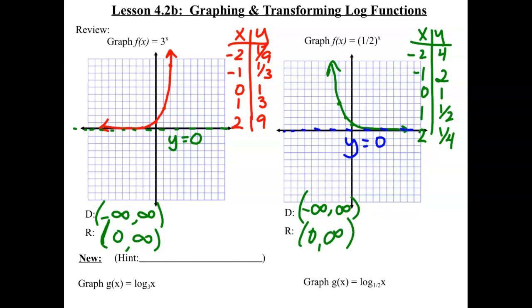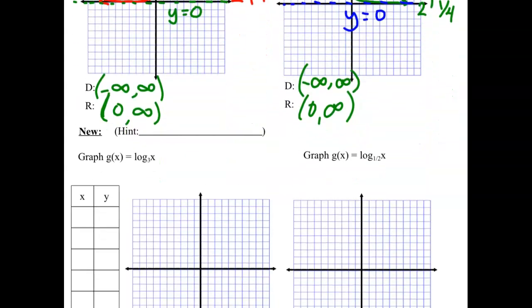So when we convert these and think of them as log graphs instead, we want to think of it in its exponential form. If you're asked to graph a log, you really should think of it in its exponential form. You know how to graph exponential graphs, right? So our hint is to switch it to exponential form.